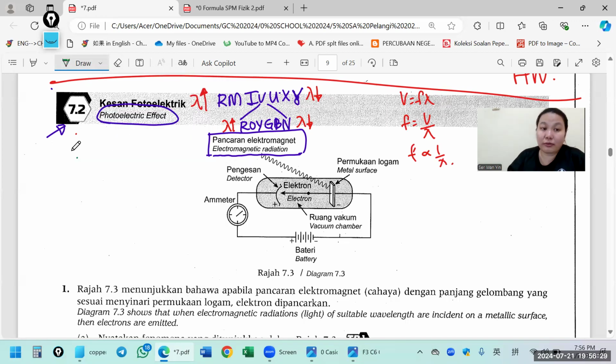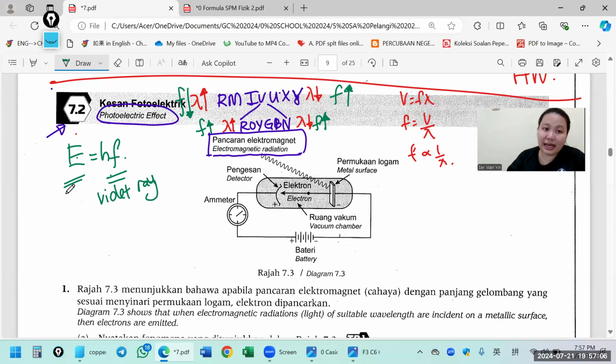According to the formula we learned before, E equals hf, which means photon energy depends on the frequency. So we should look at frequency. Here, longest lambda means lowest frequency, and shortest lambda means highest frequency. Obviously, violet light has higher frequency than red light, so violet ray has higher photon energy than red ray.